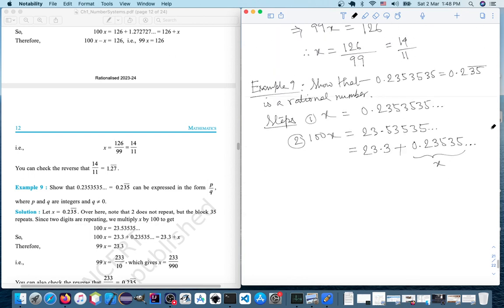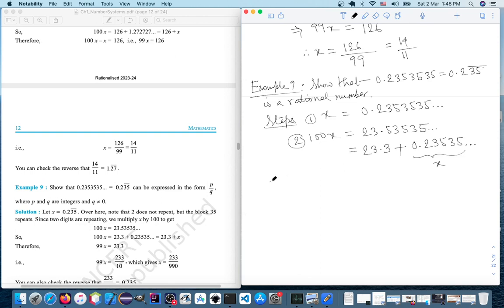So we have to somehow break this number into two numbers where one number will be x again. That is the idea.